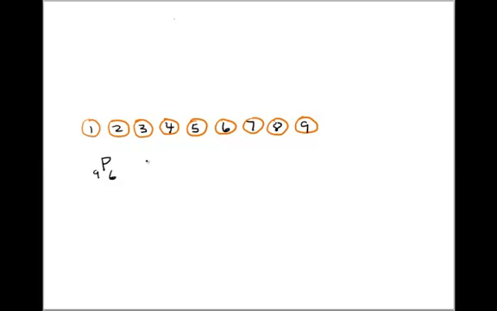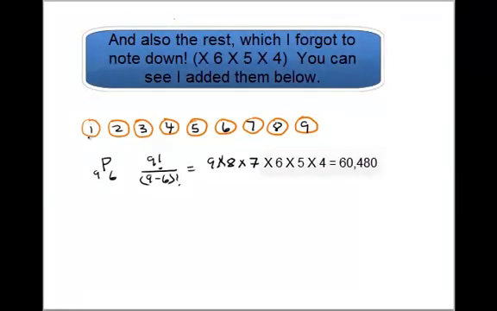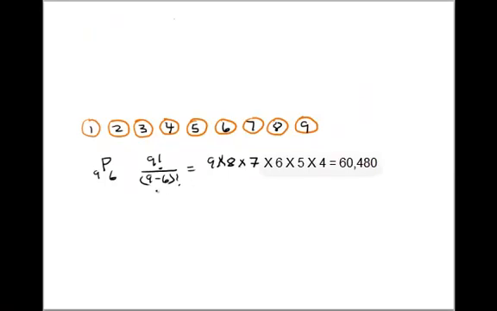It's 9 permutations 6, so that would be 9 factorial over 9 minus 6 factorial, which is the same as 9 times 8 times 7. So we pick the first one, we've got 9 choices. Second one, we've got 8 choices. Third one, we've got 7 choices. All of that amounts to 60,480.